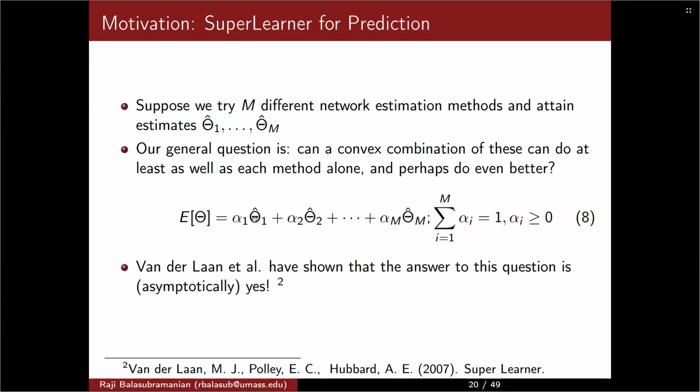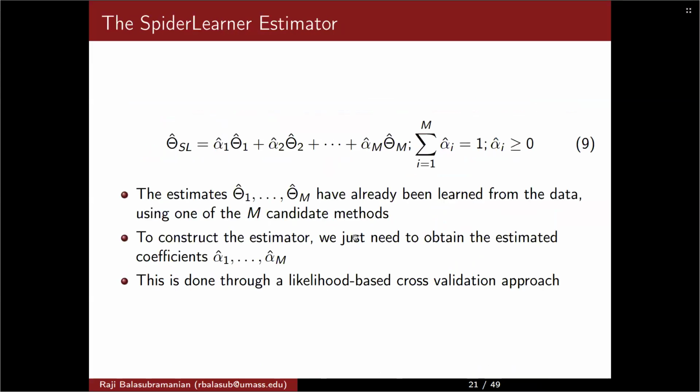If you have m different software packages that each do the optimization and estimation of theta in a slightly different way, and so you have m different theta matrices estimated, can we learn from the data a weighting scheme, a convex combination of these, with weights alpha 1, alpha 2, through alpha m, such that the ensemble, which is a linear combination of these estimates, performs as well as the best one of these methods? We call this our SpiderLearner estimator.